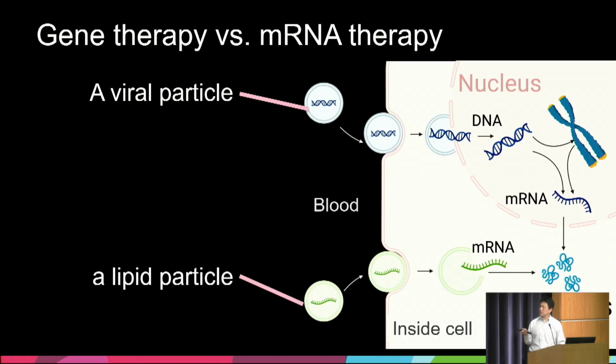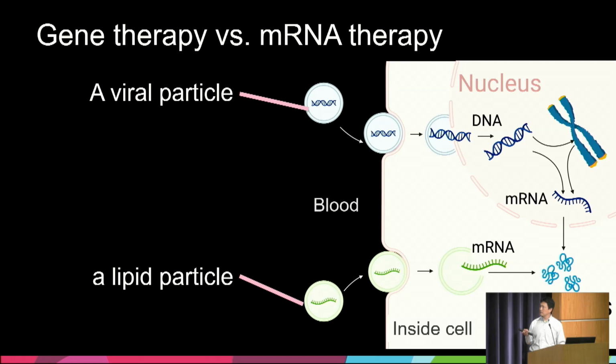So this is the difference between gene therapy versus messenger RNA therapy. In gene therapy, you put the DNA around the virus capsule, and the virus attaches to the target cell, which is the hepatocyte, and then releases the DNA.